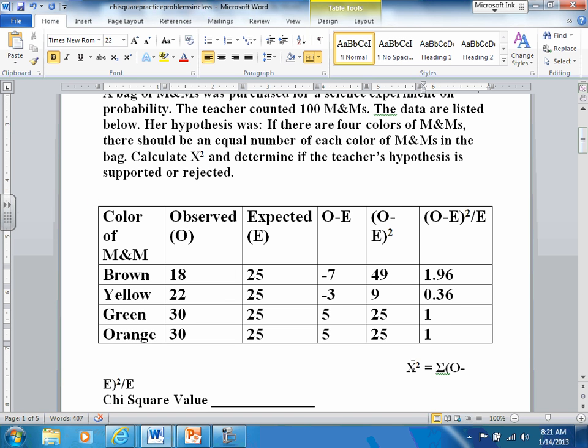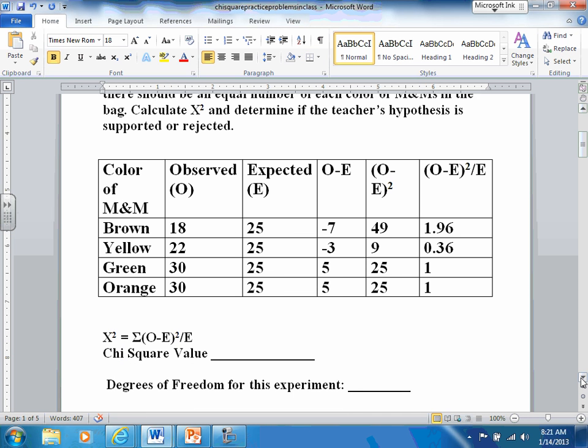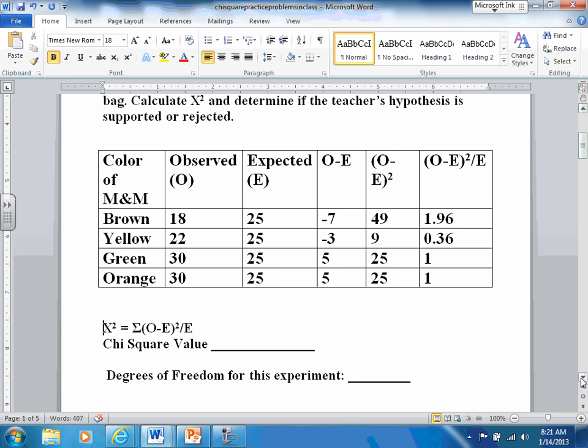Now, to calculate what's called our chi-square statistic, what you see down here is the formula. The Greek letter chi sort of looks like an x, so it looks like x squared. It's chi-square is what we call it. What's this funny symbol right here? You should know this symbol from math.